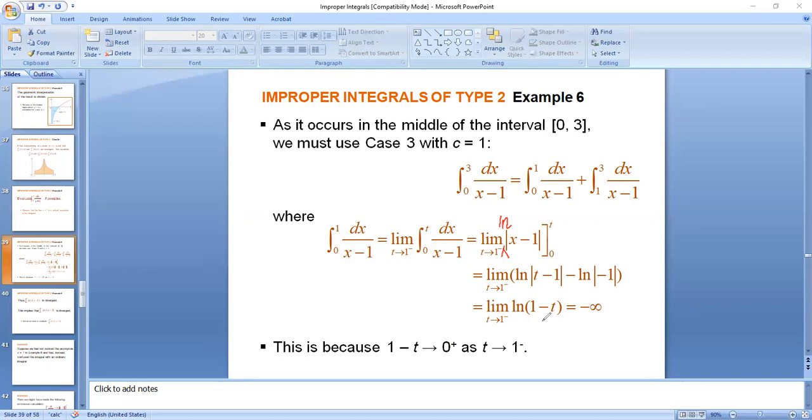Drews Aujero, would you know how this ln of t minus 1 minus ln of negative 1 became ln of 1 minus t? Is Drews here? Drews Aujero, you're there? Yes, miss. Or would you know how ln of t minus 1 minus ln of negative 1 became ln of 1 minus t?